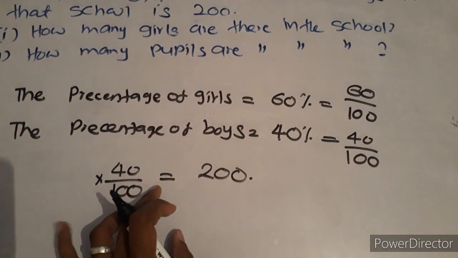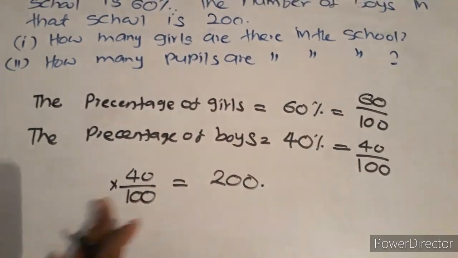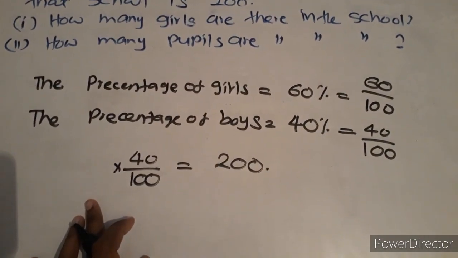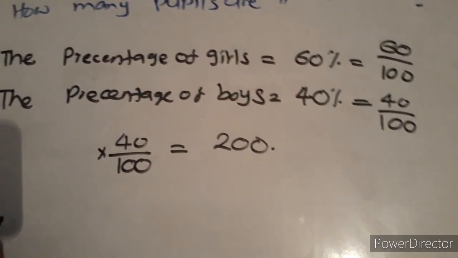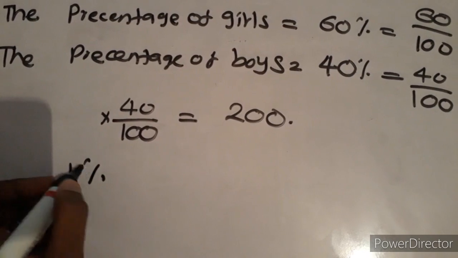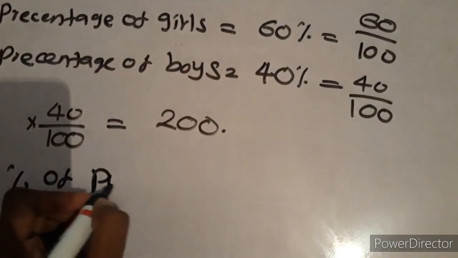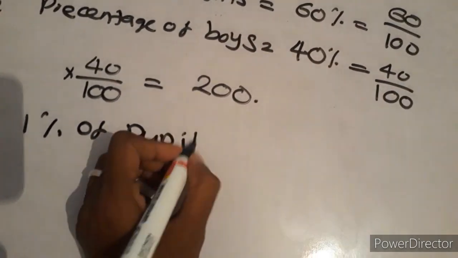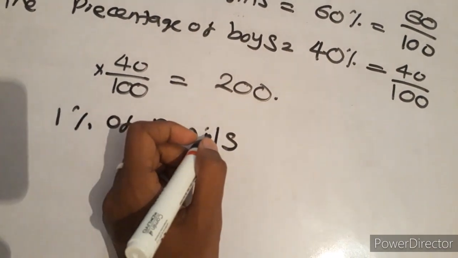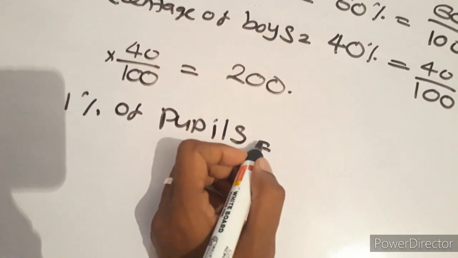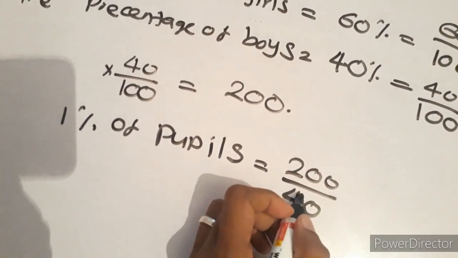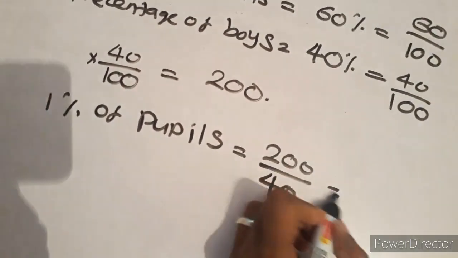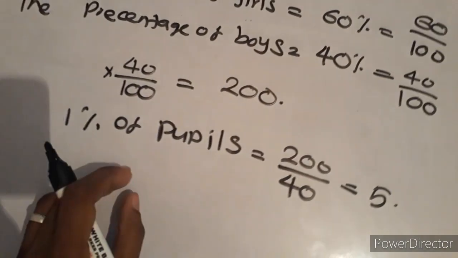If the 40% is 200, then how much is 1% of pupils? So we can find it out. 1% of pupils is equal to, then what we have to do? 200 divided by 40. It becomes 5.